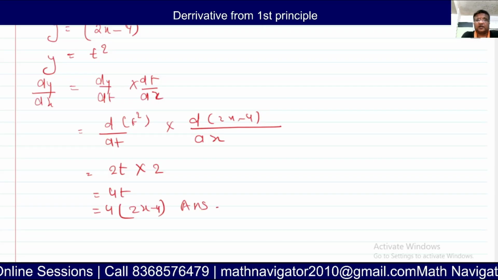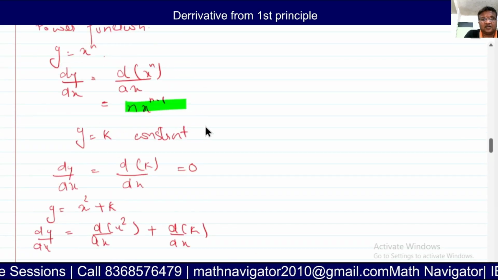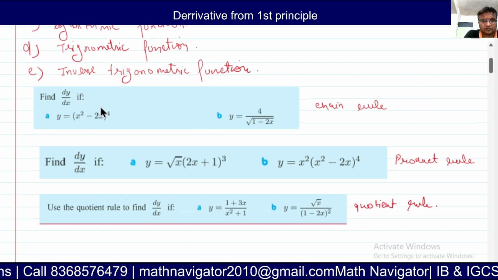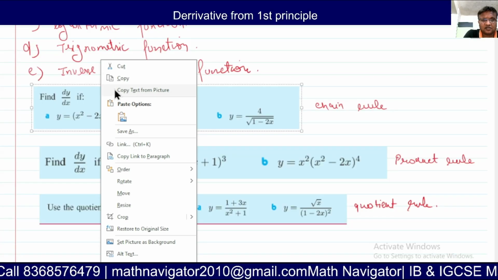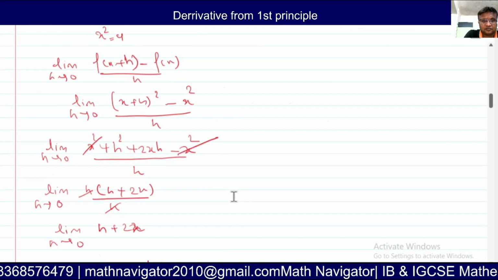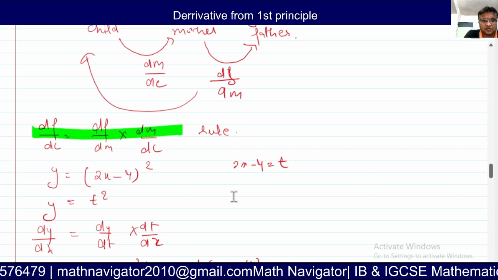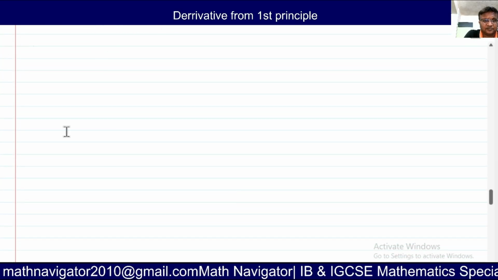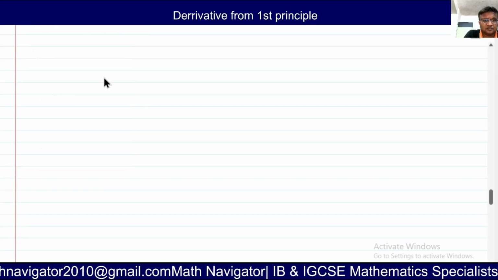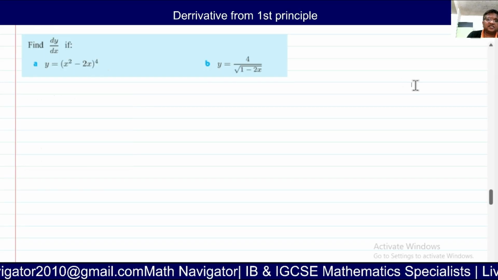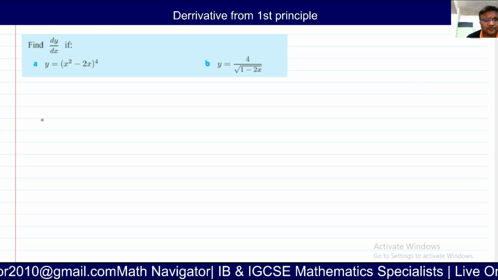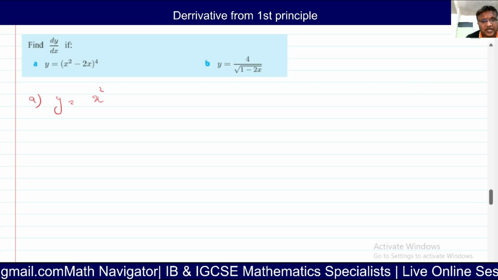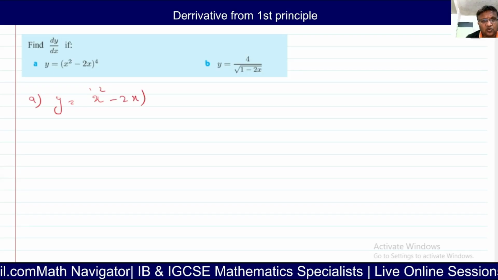Let's do a couple more questions on the chain rule so that you will find it better. So in this case, let's talk about question A. y is equal to (x squared minus 2x) whole to the power 4.